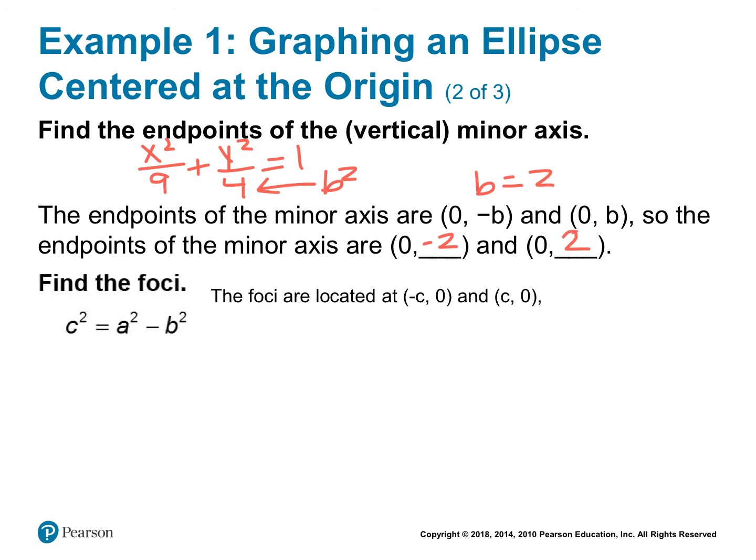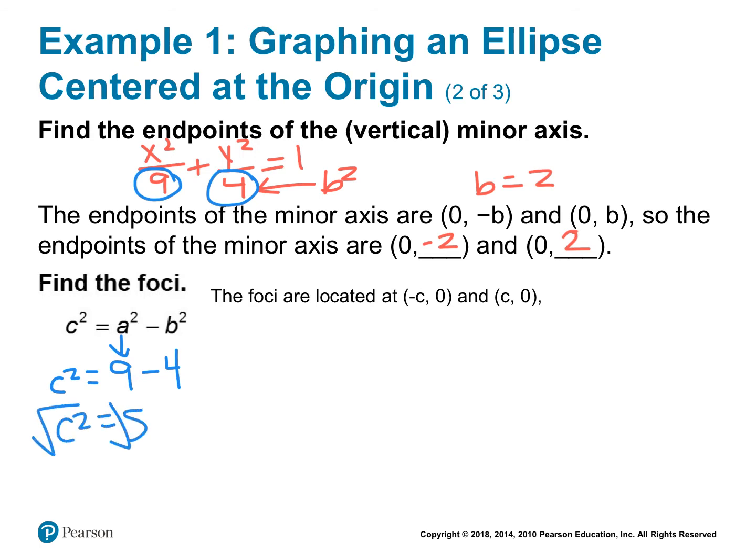Now the foci are located at negative c, 0 and c, 0. A lot of times you're going to get a decimal on this one. So we said we could use this formula, c squared equals a squared minus b squared, to find that. Our a squared term was the 9. Our b squared term was the 4. So c squared equals 9 minus 4, which is 5.